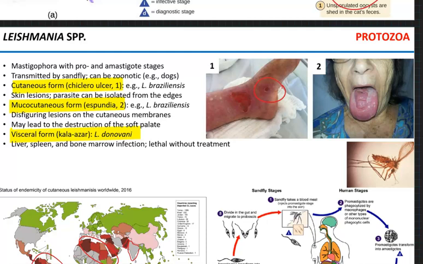Now, if you have an ulcer like this on your leg, I'm not saying it's okay, but people don't really see it all the time. But imagine that you have this ulcer in the face. It's pretty disfiguring.